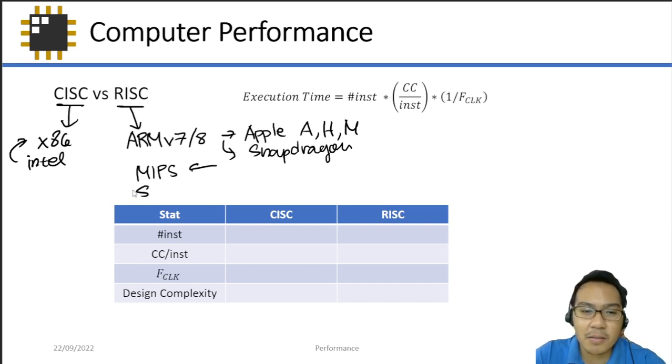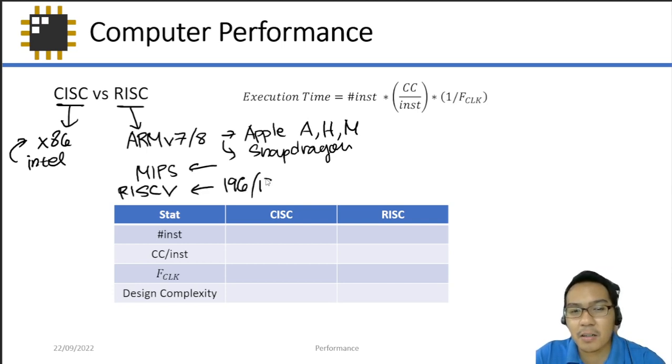And there's also RISC-V, which is basically something that the 196 and 199 students tend to work on. The reason they work on this is because it has an open license.